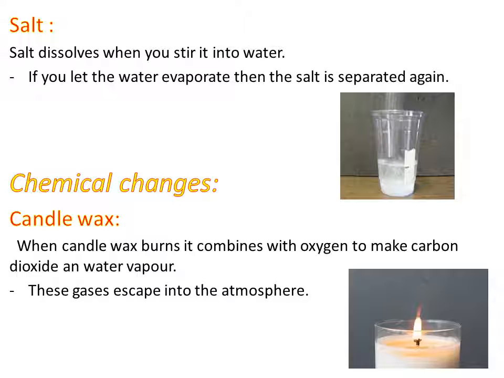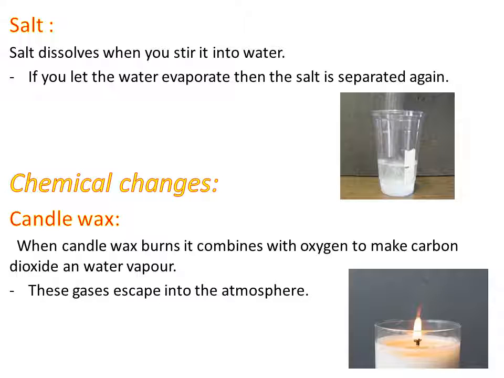I want you to do this small experiment at home, grade 5. Take a spoon of salt and put it in a teacup of water. Fill it with water, then put in the spoon of salt. Then stir it till the salt dissolves in the water, until you can't see it with your eye.